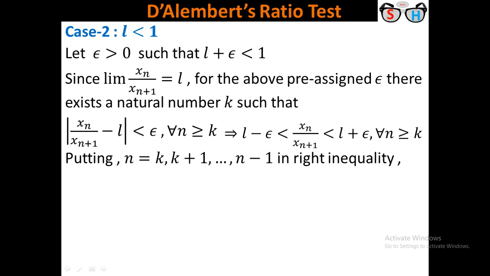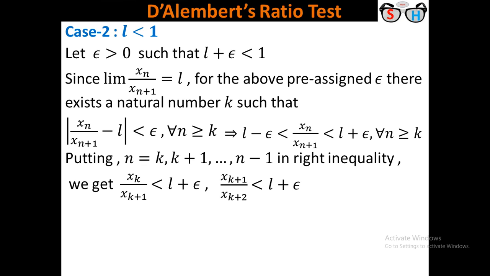So when you put n equal to k, this will be x_k upon x_(k+1) less than L plus epsilon, and if you put n equal to k plus 1, this will be x_(k+1) upon x_(k+2) less than L plus epsilon, and so on, up to x_(n-1) upon x_n less than L plus epsilon.